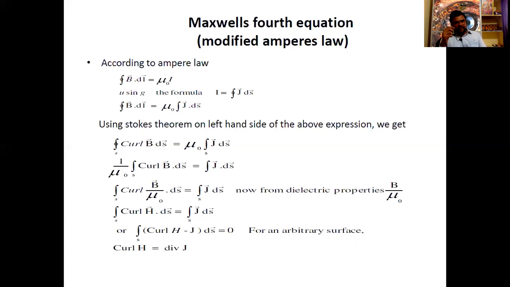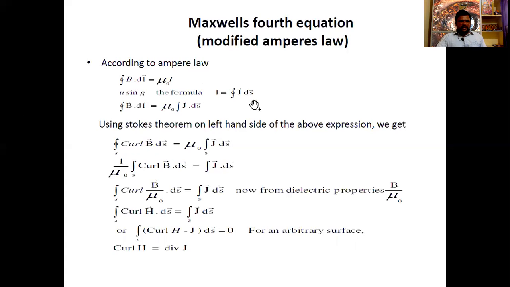So using the formula, I is equal to the integral of J bar dot dS bar. This is the general definition of current, because J is the current density and I is just the normal electric current. There is a relation between J and I, and this is the relation.